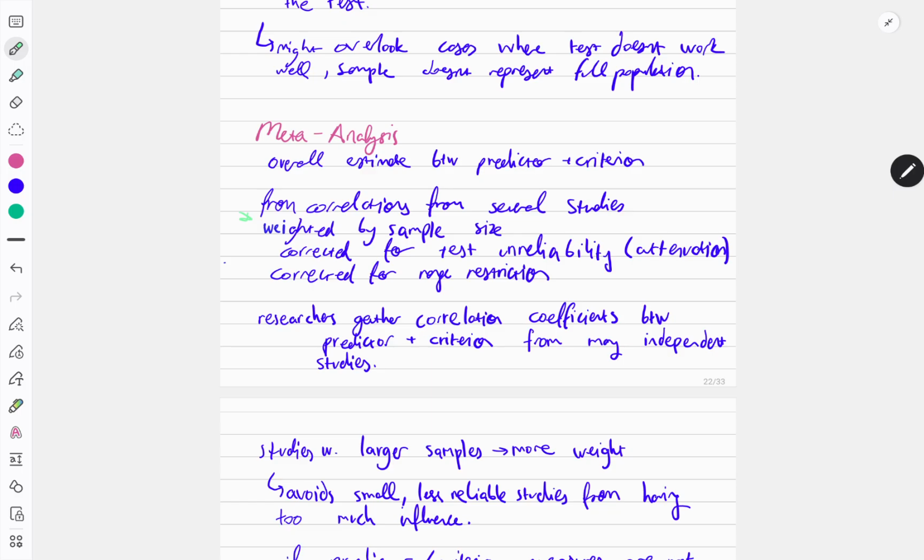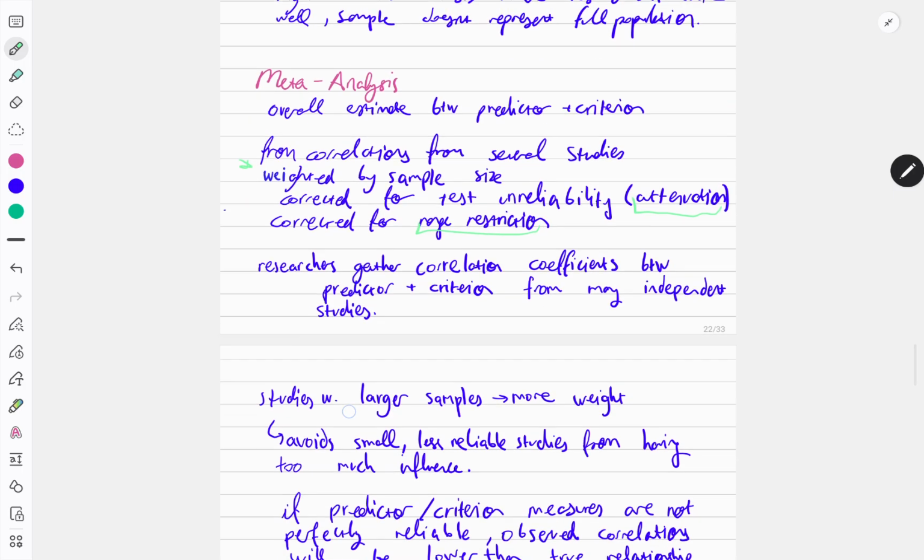That's what it means. And it's corrected for test unreliability. Attenuation is test unreliability; we will explain this in a couple of slides, I think. And it's corrected for range restriction. We have talked about range restriction, how we are just looking at, for example, the people that got hired, and that creates a huge range restriction for us.